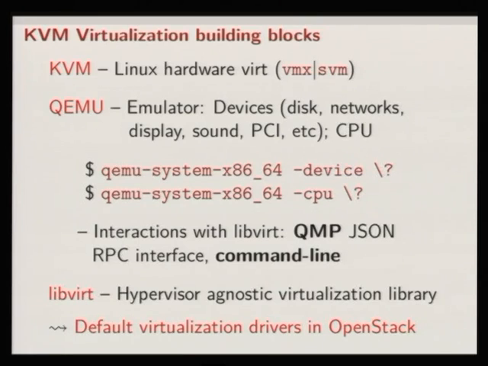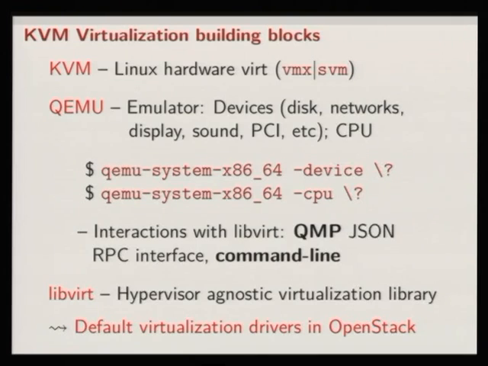And QEMU is a device emulator that emulates about 17 CPU architectures, and it does all the disks and network and display devices. So if you want a complete PC-like environment, QEMU is the thing that is doing all the heavy lifting. The two commands you see there, if you run them, will enumerate what kinds of devices it emulates and supports.